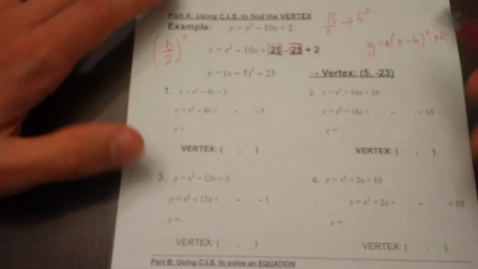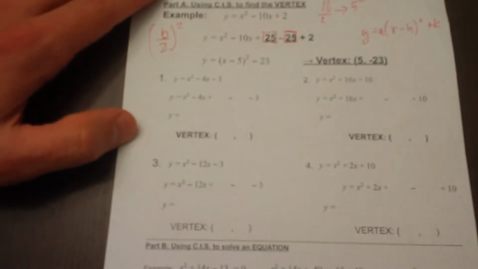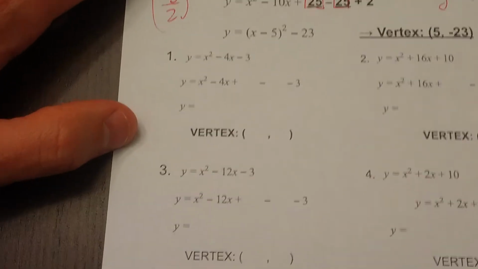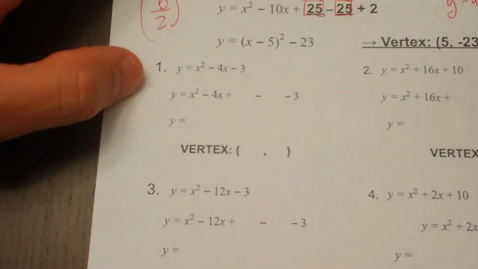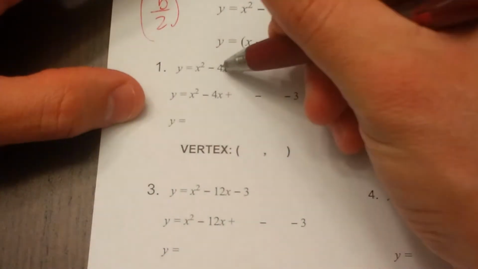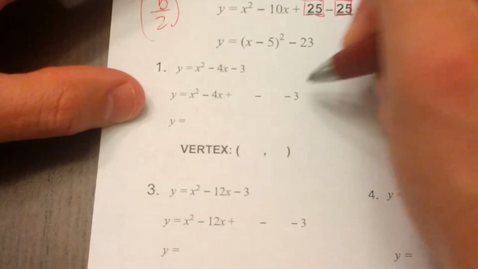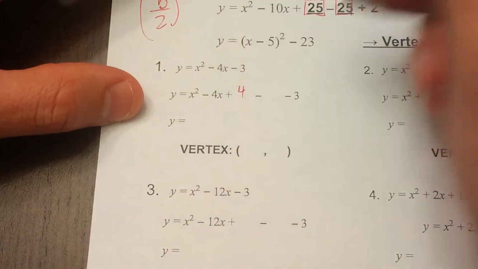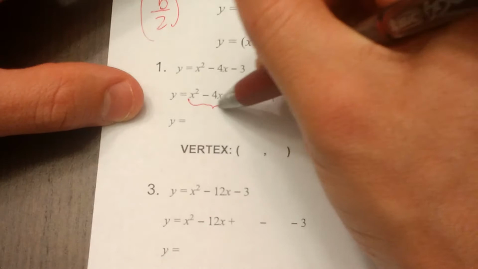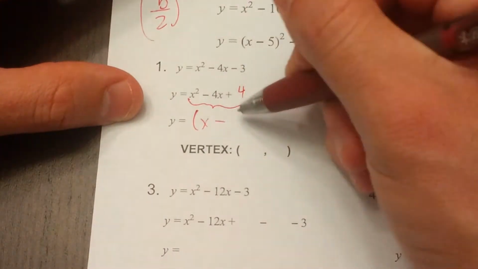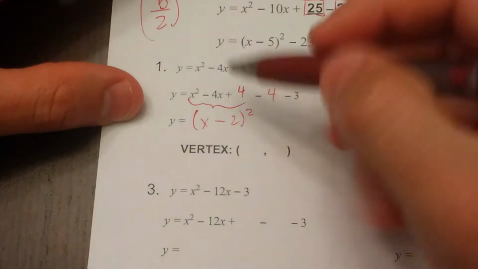Alright, so these first 4 examples, we are trying to convert to vertex form, so that we can see what the vertex is. So in this first example, b is 4, so we cut 4 in half, that's 2. 2 squared is 4, so I'm going to add 4, and I'm going to subtract 4. Okay, that means this particular portion can now be factored as (x subtract 2) squared. How to know it was subtract?